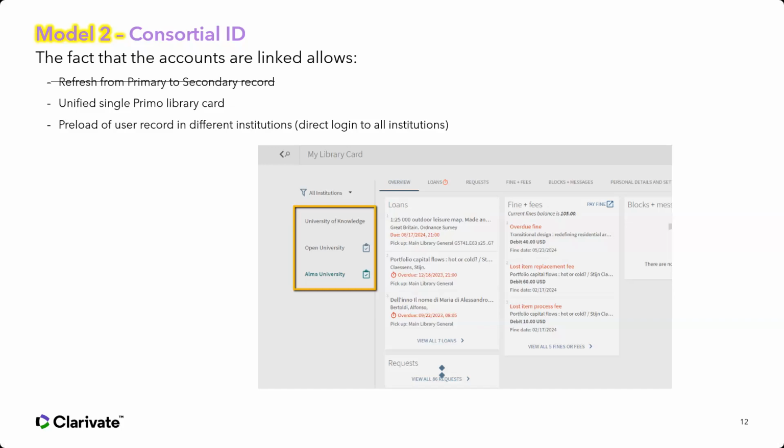And as we mentioned, there will be this unified Primo because Alma and Primo know it's the same person. And in this case, you can preload these accounts. Being able to preload these accounts means that patrons may log in to each of those institutions using local LDAPs because they have a pre-existing account already existing in each one of these institutions.